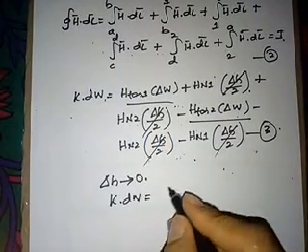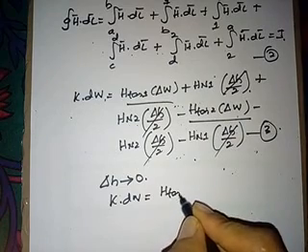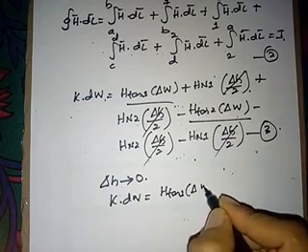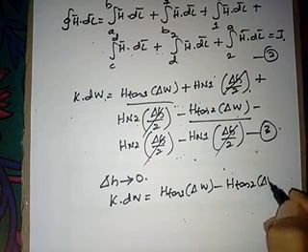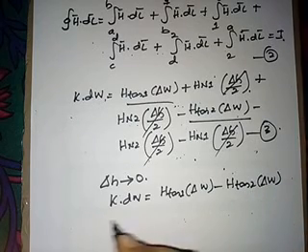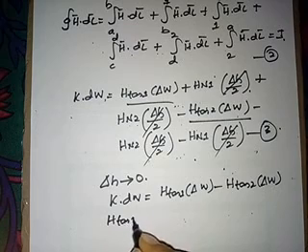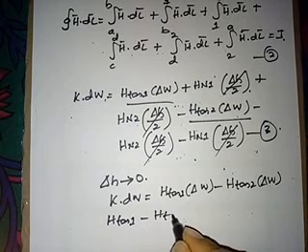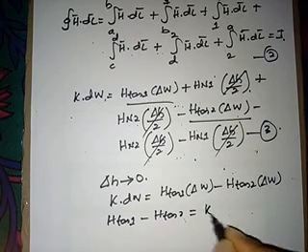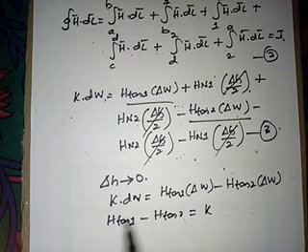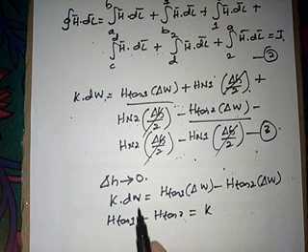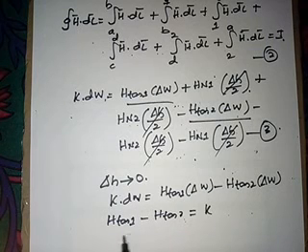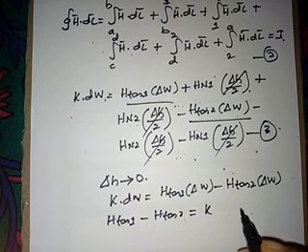So K dot dw is equal to H tan 1 delta w minus H tan 2 delta w, or H tan 1 minus H tan 2 is equal to K, because delta w is common, so dw and delta w will cancel. So H tan 1 minus H tan 2 is equal to K here.